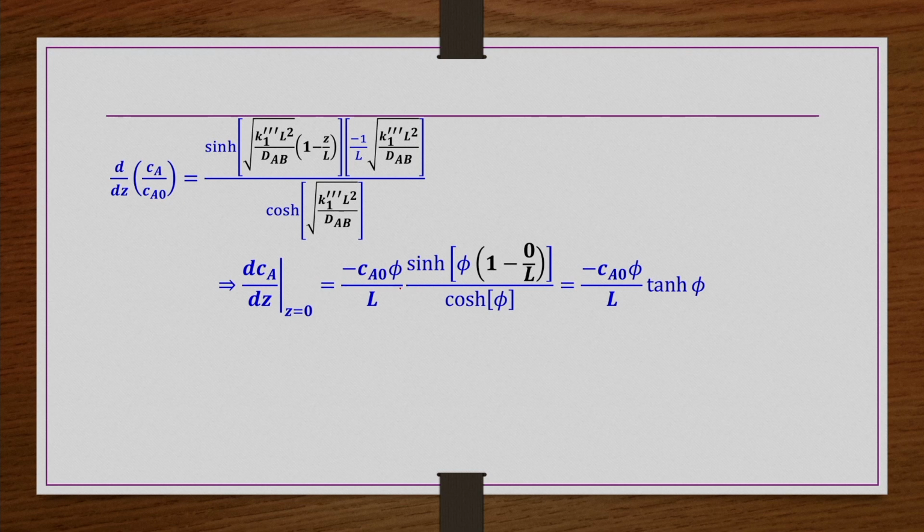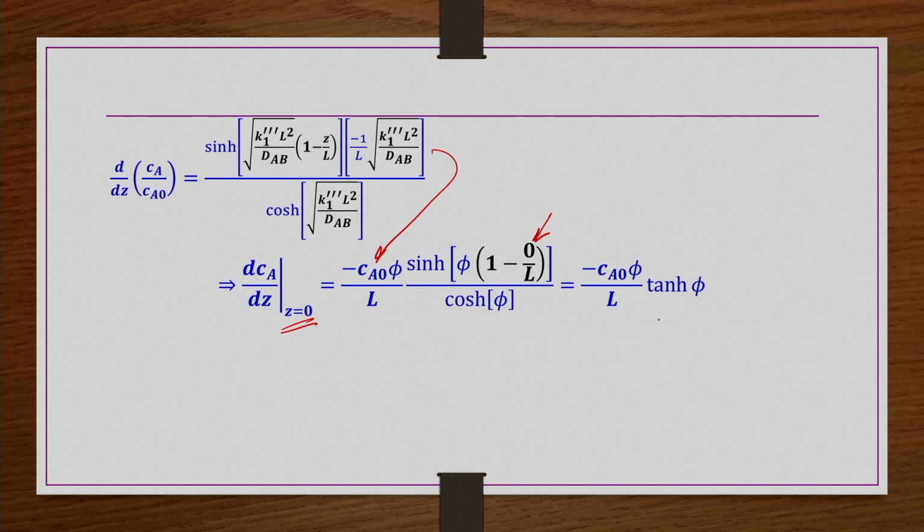So, minus Ca naught phi by L is this term, sin hyperbolic of phi times (1 minus 0 by L), because we are now doing this at z equals 0. The flux we are calculating at the z equals 0 location, that is at the gas liquid interface. So, if you substitute z equals 0, you get sin hyperbolic of phi.